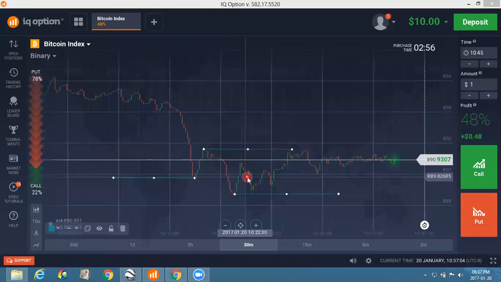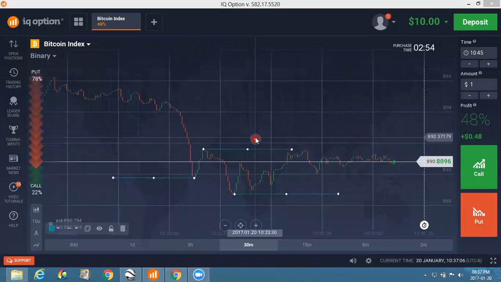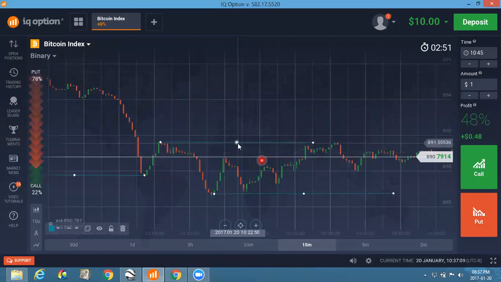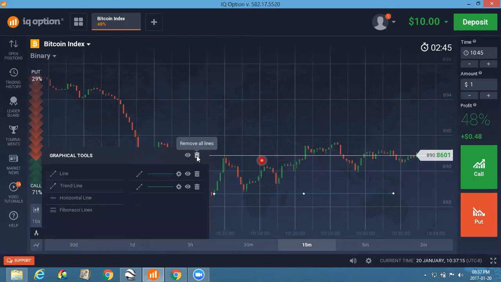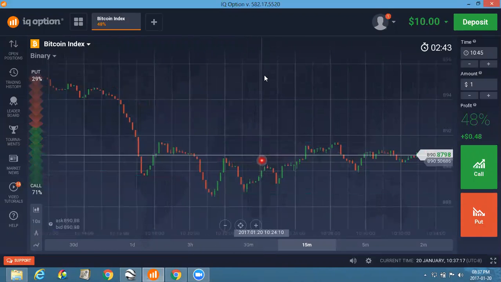Okay, so let me use horizontal lines instead, because I think I already see a trade forming.